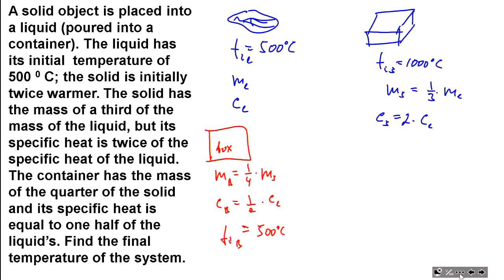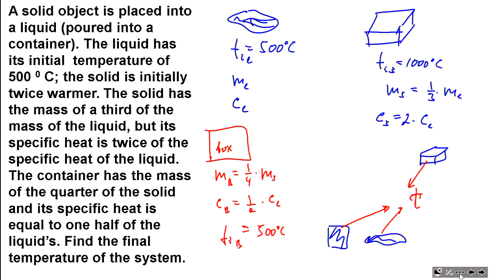So the hottest of these three objects is the solid, and the box and the liquid initially start from the same temperature, and in time, hot things get cooler, but cool things get hotter, and eventually they reach the same final temperature.